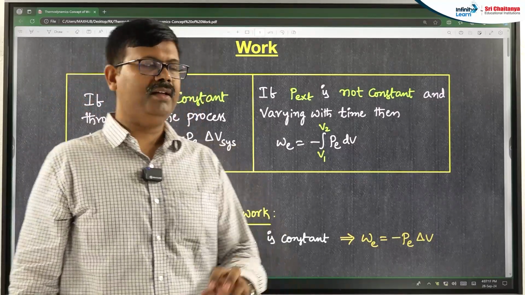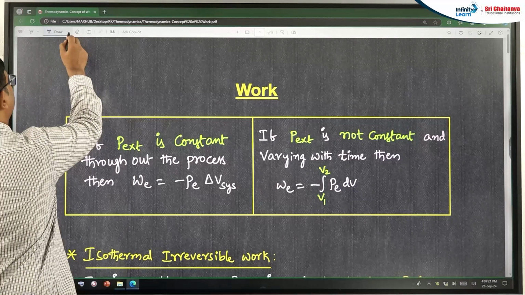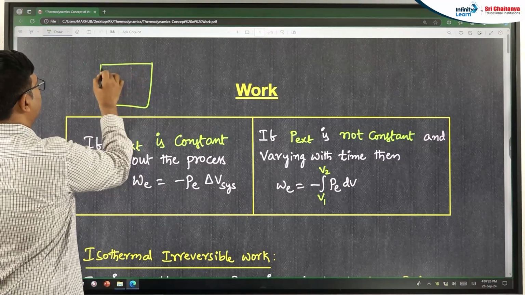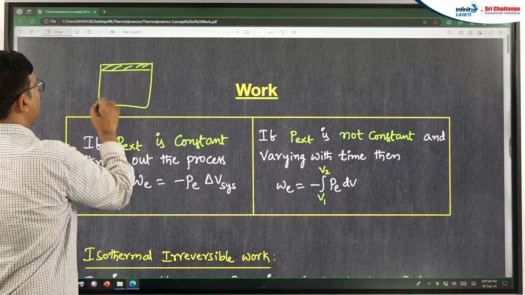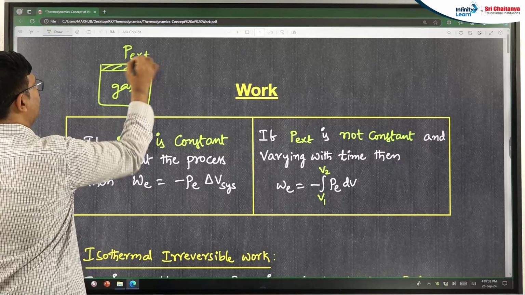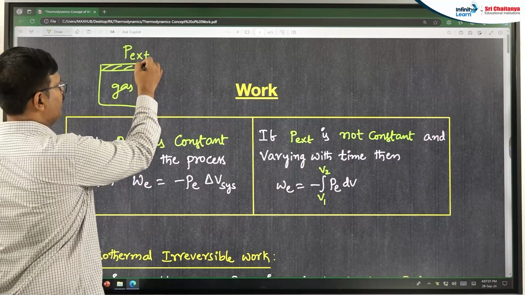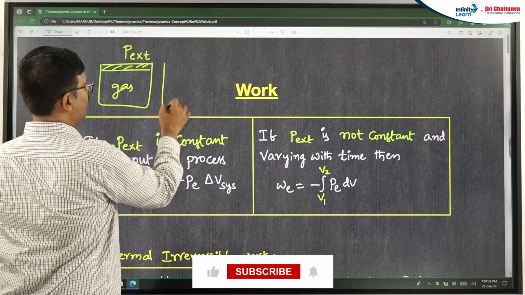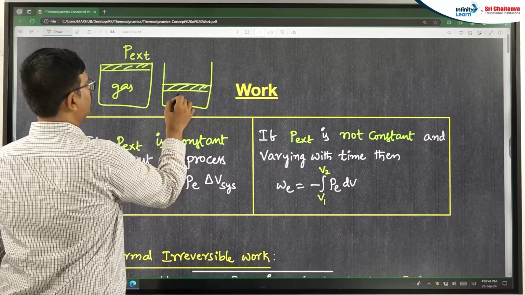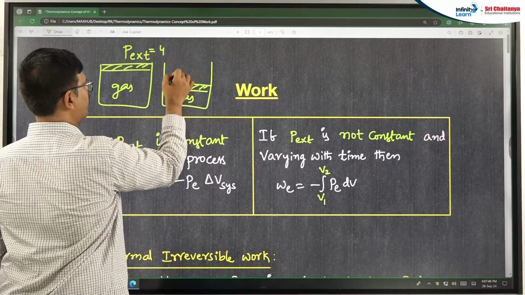Meaning, suppose I have a piston like this, and there is a gas here and there is an external pressure here. If external pressure is constant, what does that mean? Suppose the piston is compressed to this stage, and let us say P external is 4 atm.